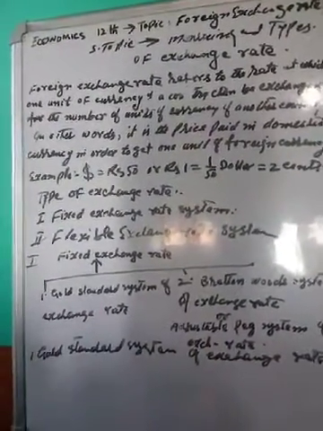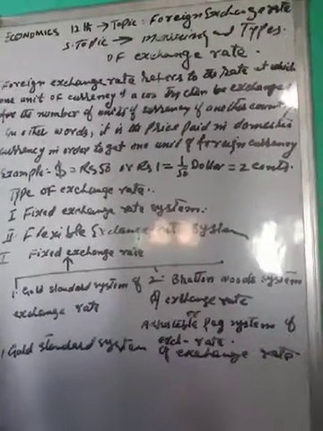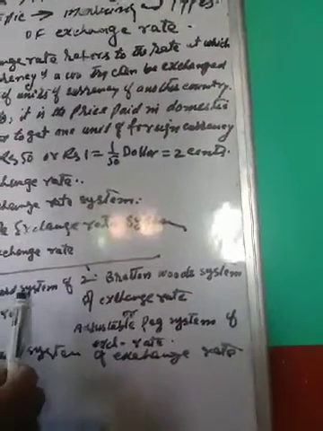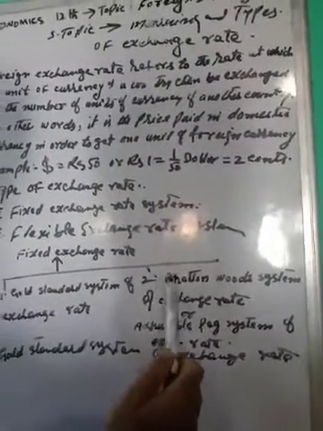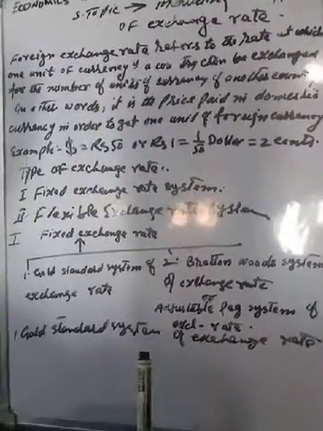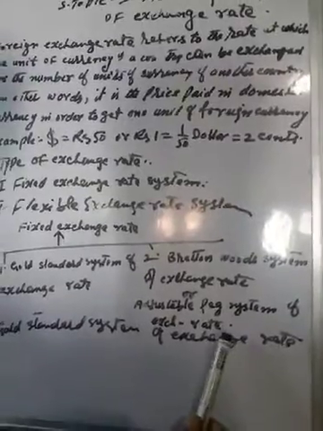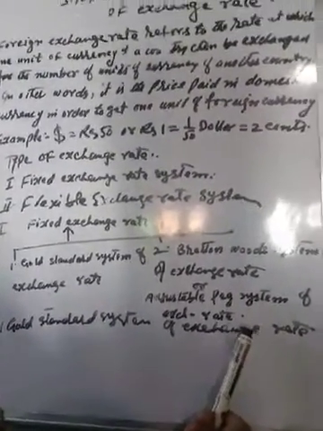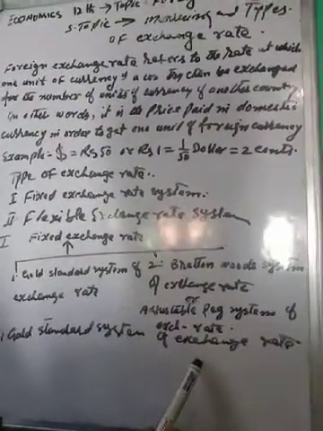Historically, it has two important variants. Number one, the gold standard system of exchange rate, and number two, the Bretton Woods system of exchange rate, or we can name it the adjustable peg system of exchange rate. Now, what is meant by the gold standard system of exchange rate?